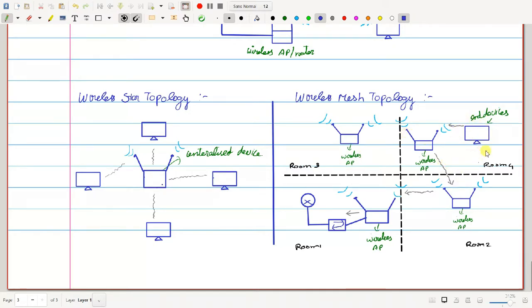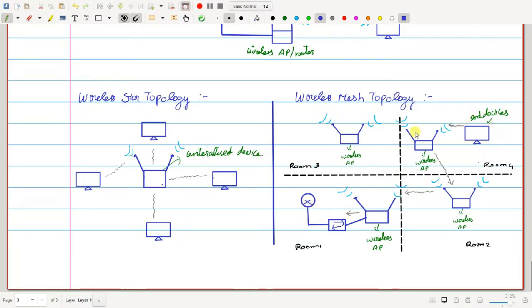If a user in department 4 tries to connect to the internet, he has to connect to the wireless access point present in this department. Then it connects to the wireless AP present in room 2, which connects to the wireless AP present in room 1, and the connection is forwarded to the internet.